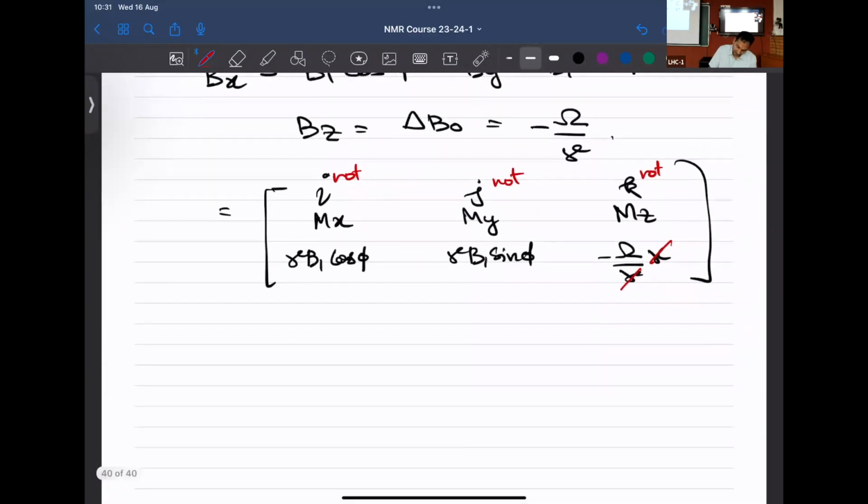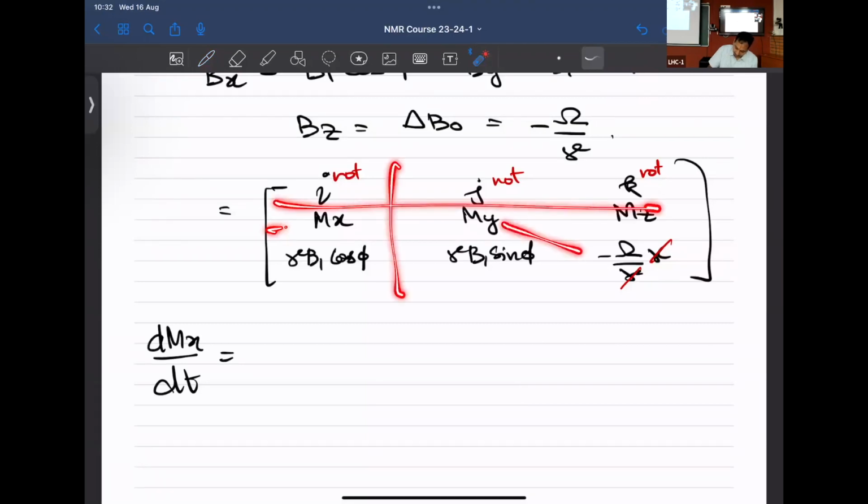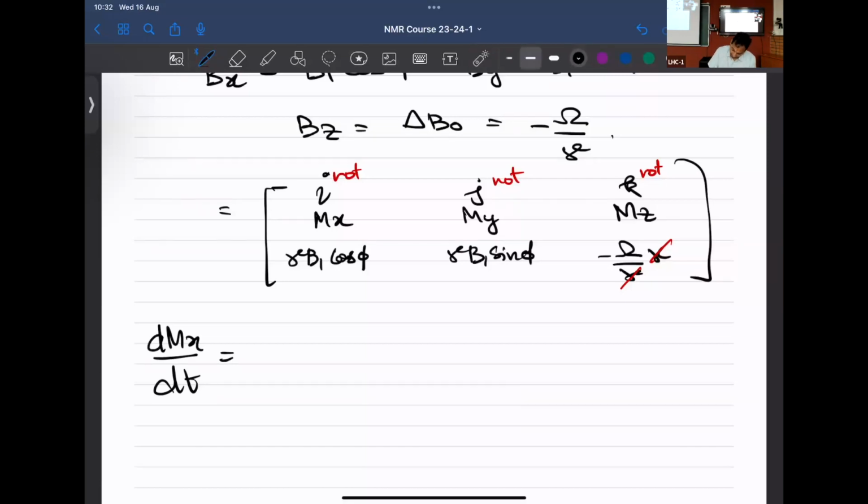So therefore, let's just take the x component of it, dMx over dt. That is going to be given by the product of this minus the product of this. That's how the cross product goes. It's going to be minus capital omega My minus gamma B1 sine phi Mz. Correct?